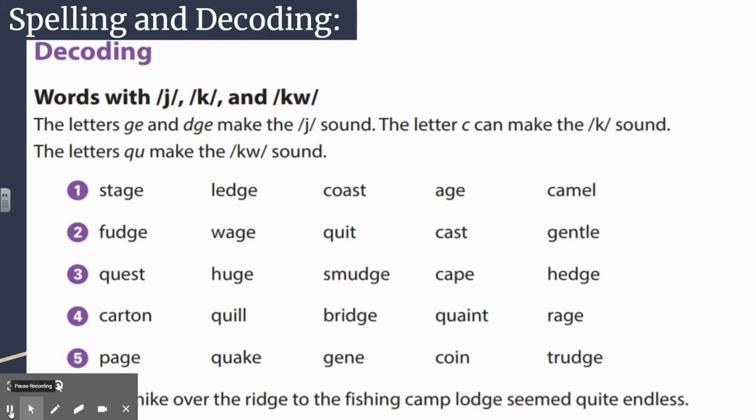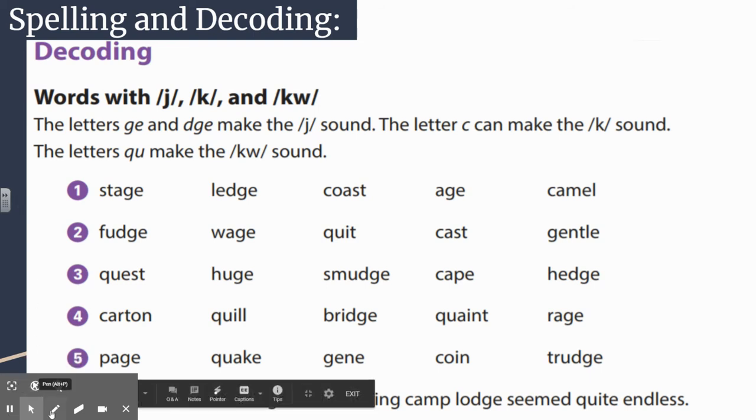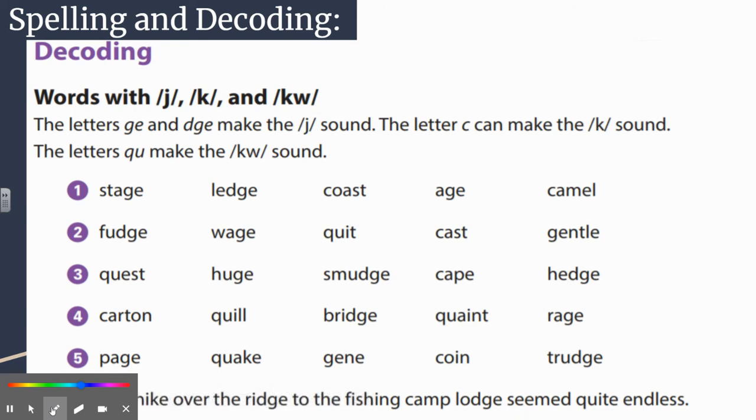Now, the letter C at the beginning of a word is going to be spelled with a C if it's followed by A, O, or U, or a consonant. And QU, they always go together, and they always make the k sound. All right, I'll do some to get you started. And then go ahead and pause the video and practice this yourself.